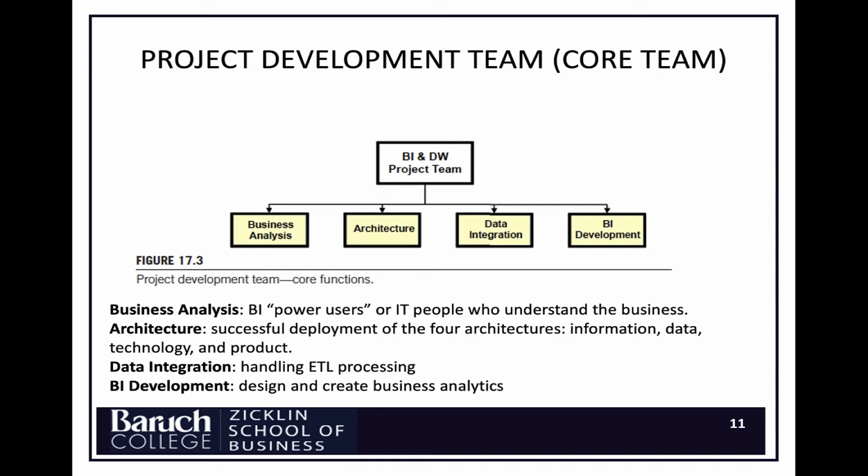From the technical perspective, they will also work with the developers, making sure that the solution is appropriate for what the business intends to get. Successful deployment of the system and architecture is also part of this team's roles. Architecture related to information, data, technology, and products were elements that we have discussed before.